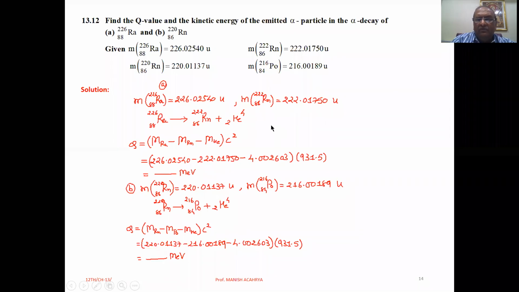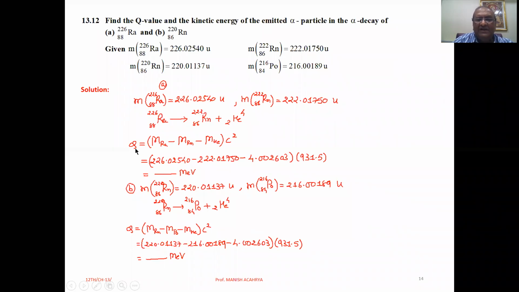Okay. Now, first we think about the alpha decay of 88 Ra226. So for 88 Ra226, Z will be decreased by 2 and A will be decreased by 4. So we will get 86 Rn222 plus an alpha particle, 2He4.